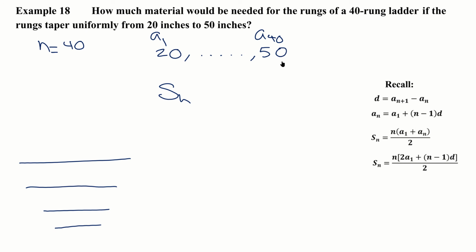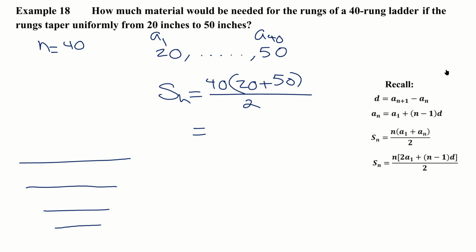So Sn is going to be n, we're using this formula, 40 times A1, which is 20, An, which is 50, and then over 2. So we can compute that, and that's it.